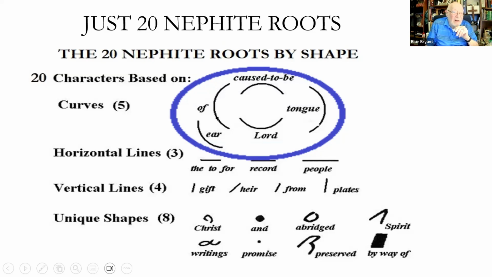And then down here on the southwest side of the curve, we have an ear. And the ear means to hear or obey. Anyway, those are the ones that are represented by arcs or curves.